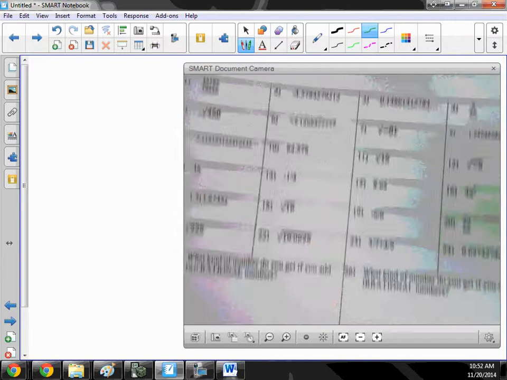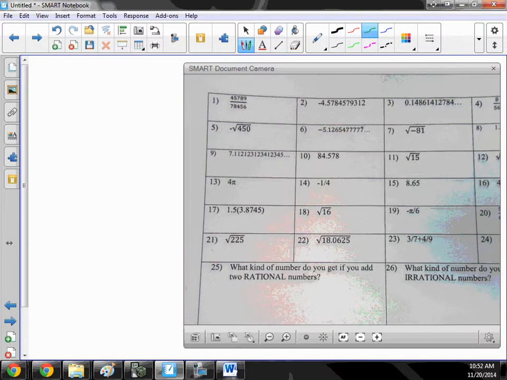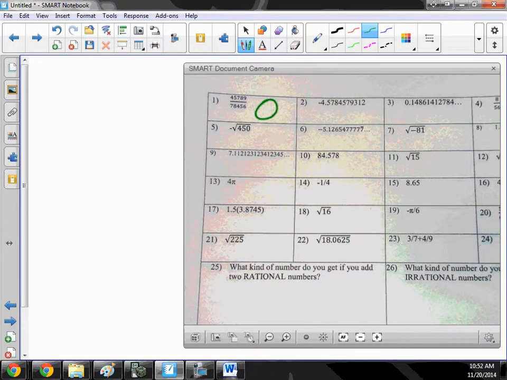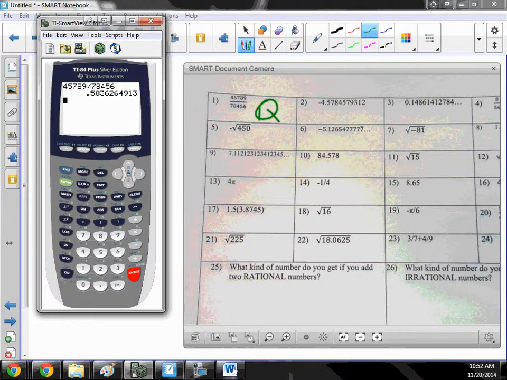Number 1. Rational or irrational? Rational, how come? So I'm going to put this in the set Q. Now, remember, with fractions, you don't want to use your calculator. So if I do 4, 5, 7, 8, 9 and divide it by that denominator, the bottom number is 78,000.